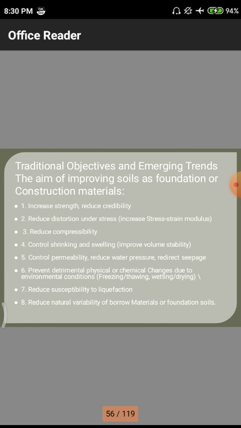Next one is the traditional objectives and emerging trends, which aim at improving soils as a foundation or construction material. Why? Because we are discussing a huge number of topics related to ground improvement. We are not going too deep, because in the first chapter itself we have to give a brief explanation about the subject.